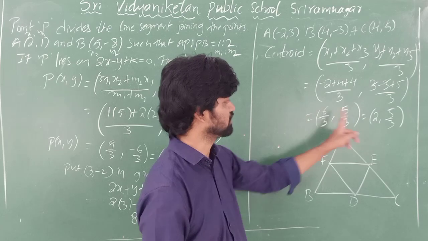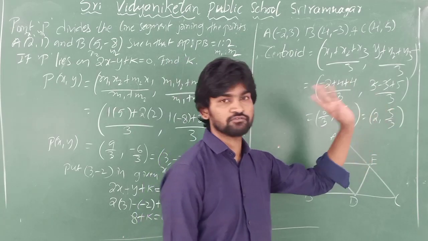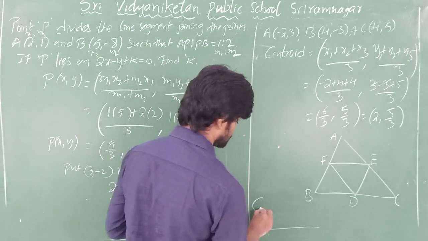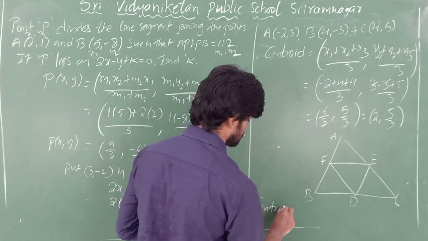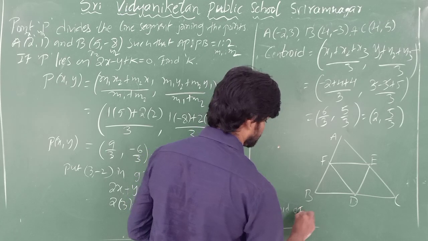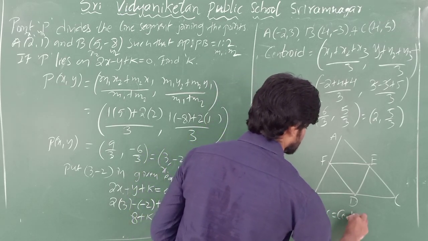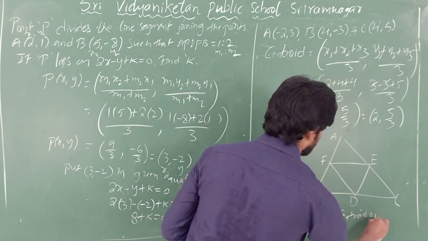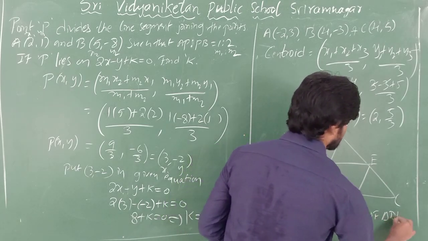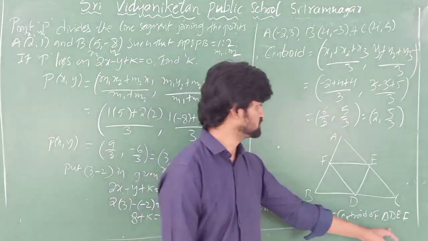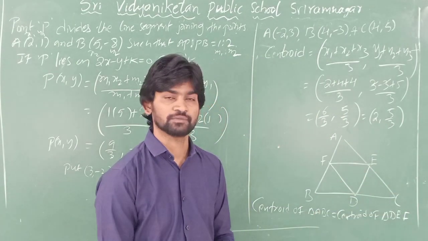So the DEF centroid also becomes 2 comma 5 by 3. The centroid of triangle ABC is equal to the centroid of triangle DEF, which is 2 comma 5 by 3.